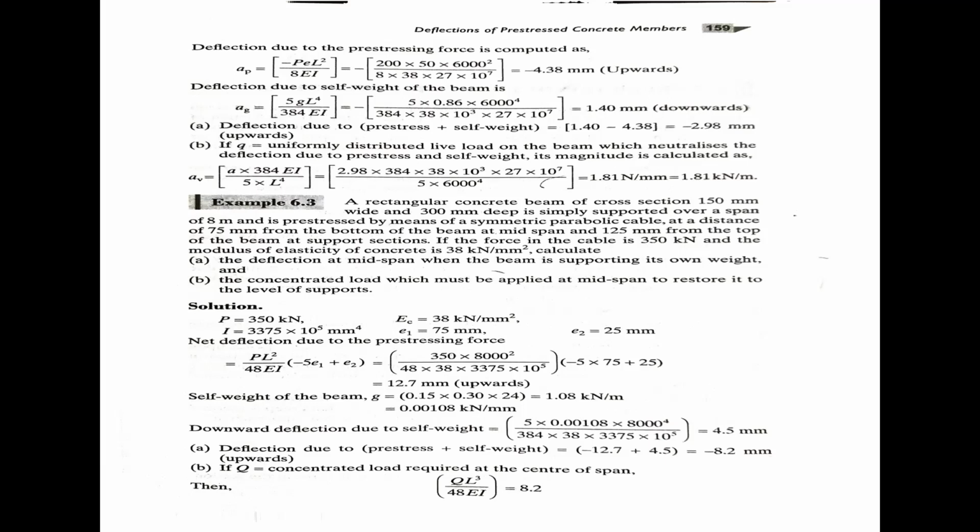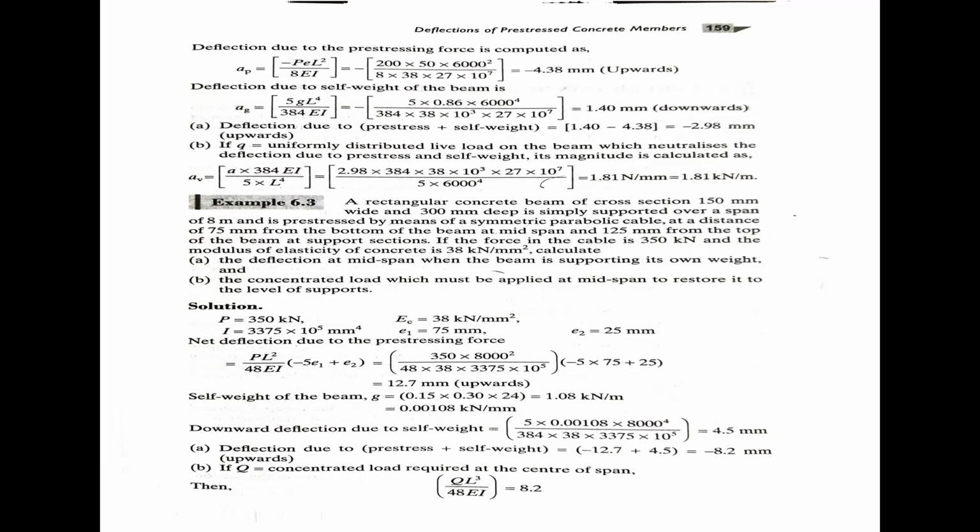A rectangular concrete beam of cross section 150 mm wide and 300 mm deep is simply supported over a span of 8 meters and is pre-stressed by means of a symmetric parabolic cable at a distance of the beam at support sections.